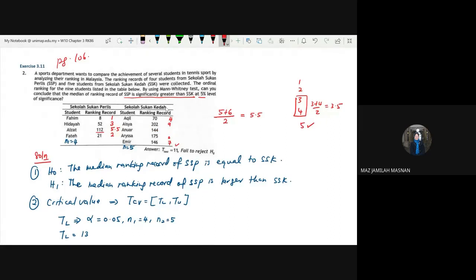So this would be number 1. Oh, I lost everything. 1, 2, 3, 4, 5, 6. This is number 9, right?